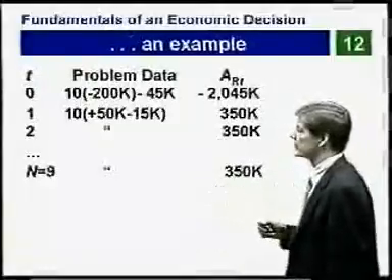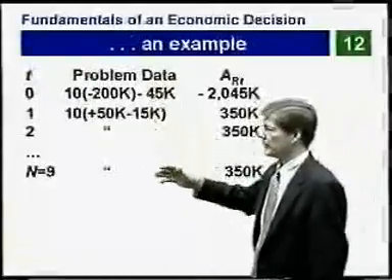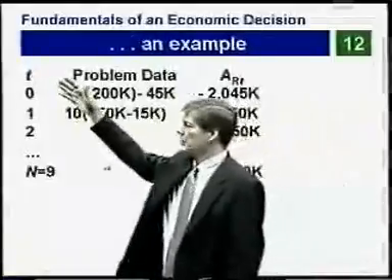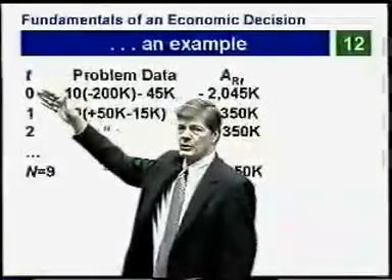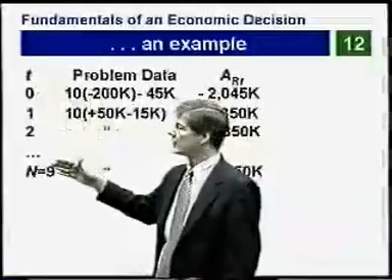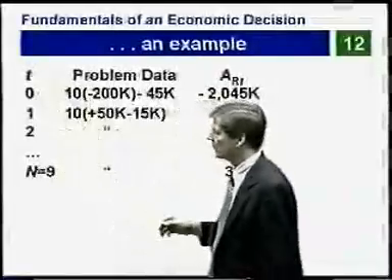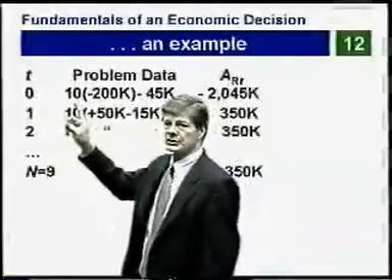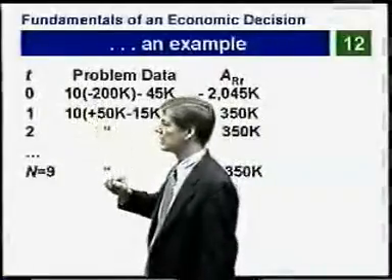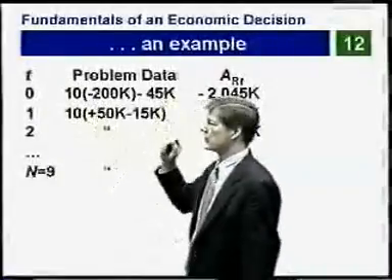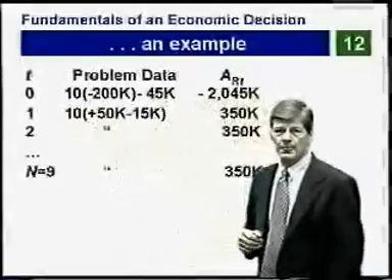It would look like this. Here is our original problem data. Here are our increments of time going from time 0, the decision time, to our planning horizon, 9 years. In this particular problem, we said we were going to purchase 10 robots. They would each cost $200,000, and it would cost us $45,000 to install them.